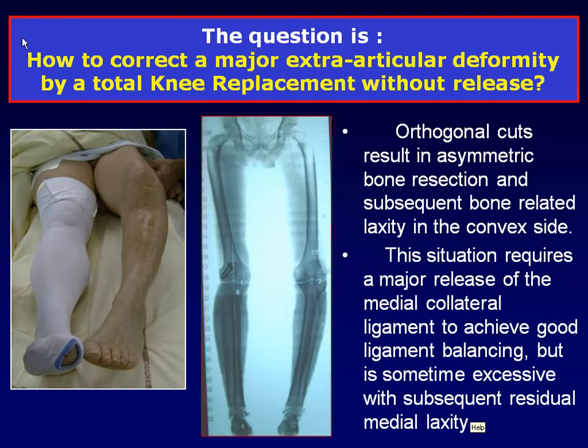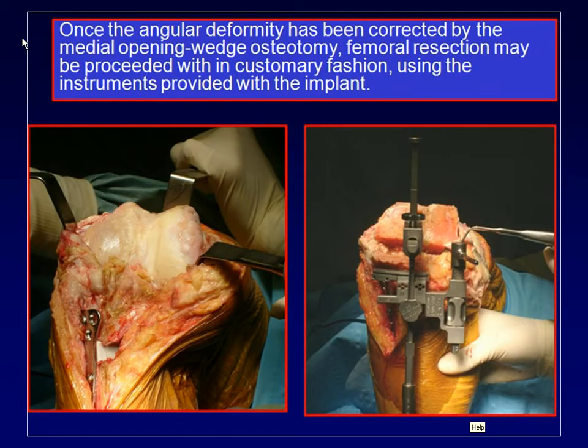First, here is an example, a large varus deformity. First you perform the tibial osteotomy, and it's just about half an hour. You put the bone substitute, the plate, and some screws, 4 screws, and after that you perform the total knee arthroplasty, exactly as if it were a simple knee, because you have corrected.